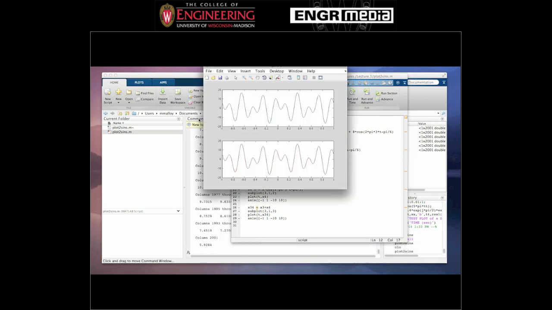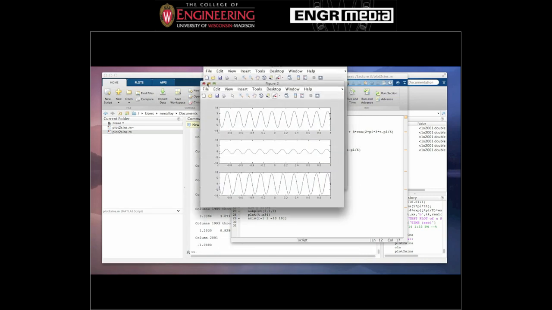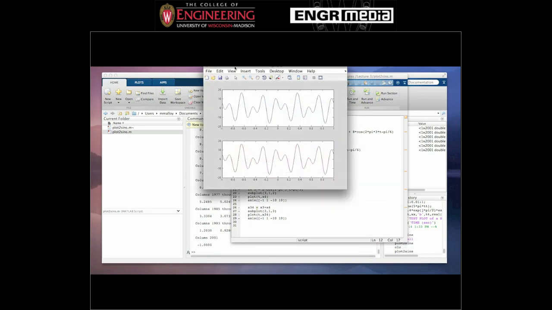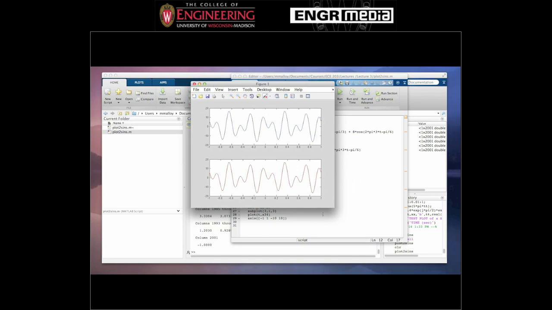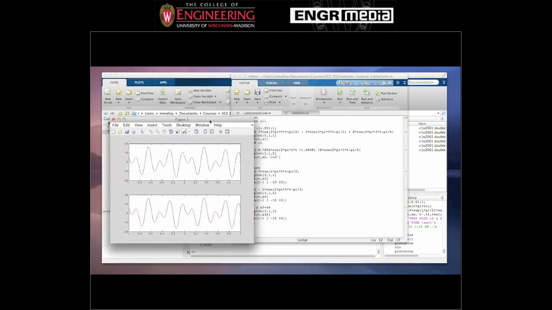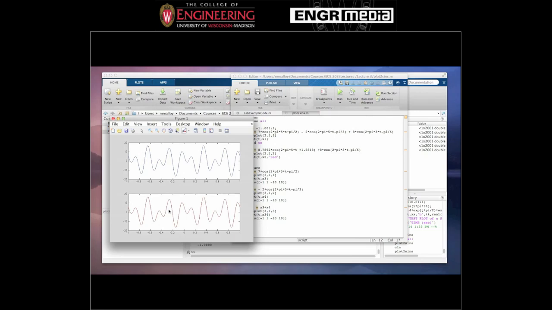Okay, so let me run this. Let me minimize this second figure for now. But sure enough, you can see this first plot in blue is the 3 different cosines added together. This lower plot is just the 2 cosines added together, where we've combined the 2 cosines with the same frequencies.